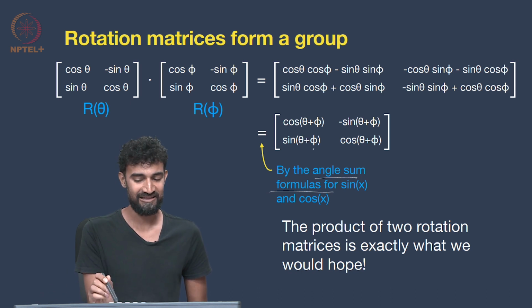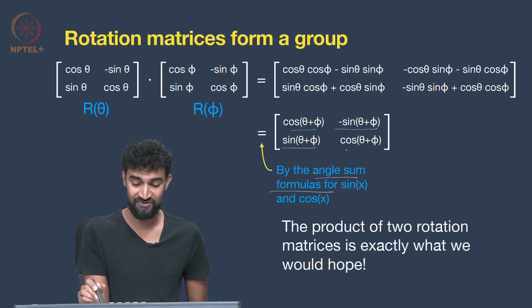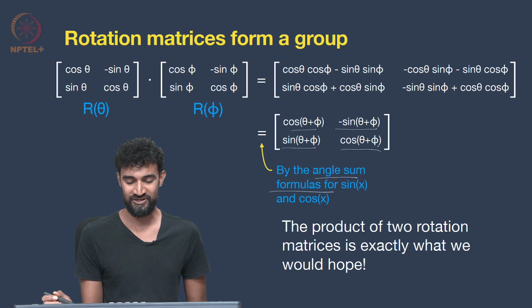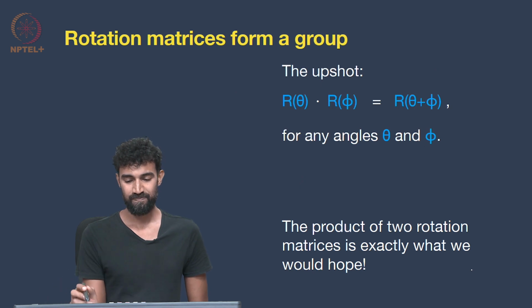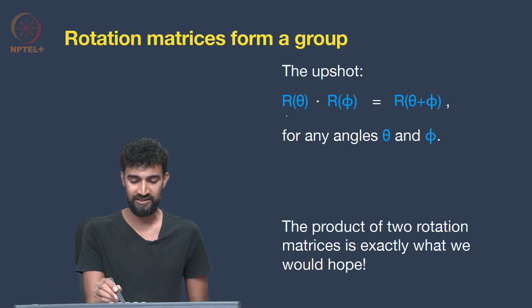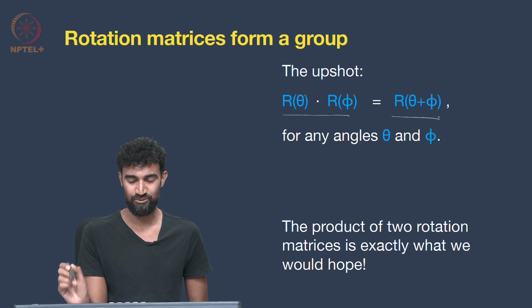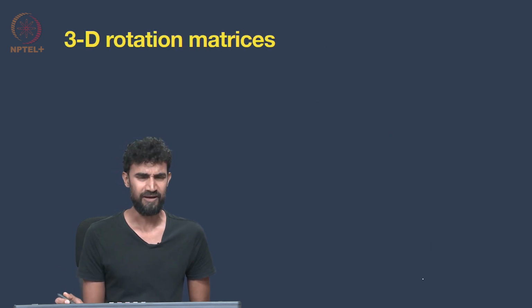So in fact, this is exactly cosine of theta plus phi, negative sine of theta plus phi, sine of theta plus phi, cosine of theta plus phi, which is exactly the rotation matrix corresponding to the angle theta plus phi. So we really do get that the product of two rotation matrices is the rotation matrix of the sum of the angles. Okay, so for 2D, that's the situation with rotation matrices.